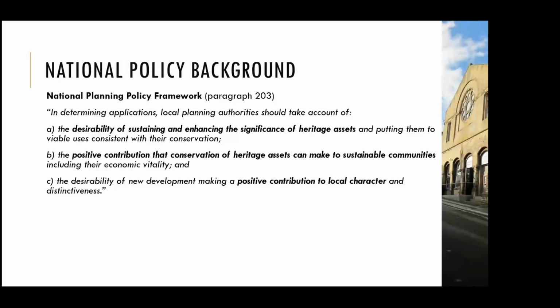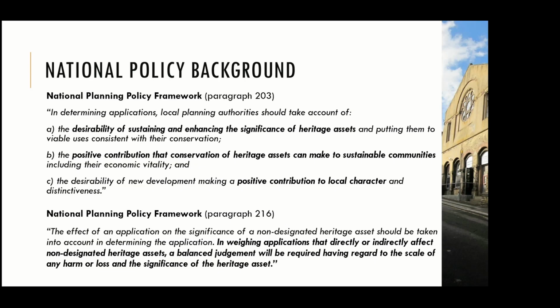So I'll go through some policy background. So what do we do with non-designated heritage assets? How do they fit into the planning process? So we have these key things for local authorities to consider: the desirability of sustaining and enhancing, considering their positive contribution of heritage assets and what they may contribute towards local character.